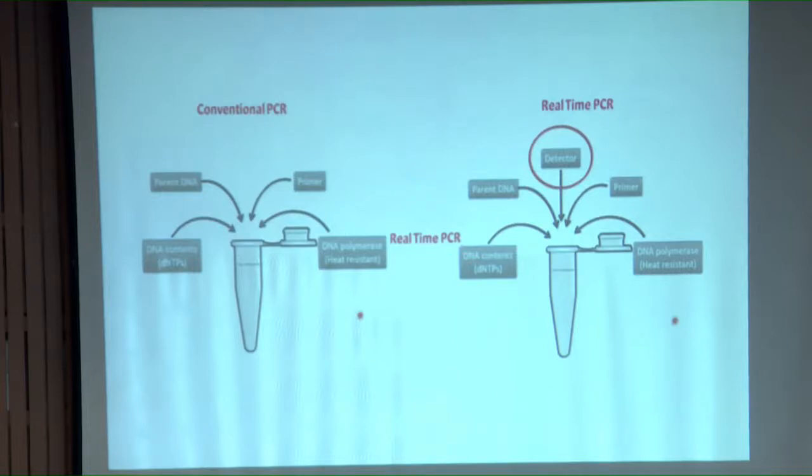What I put in round here is the dye added to a normal conventional PCR. In other terms, between PCR and qPCR there is no big difference. Only one difference, the dye is added in the PCR mixture. Is it clear to all of you?